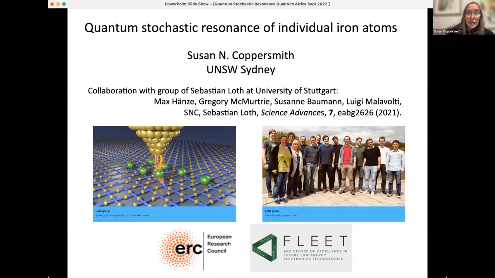I did want to say that I am going to show you experiments. They were all done in the group of Sebastian Loth, who is at the University of Stuttgart. These pictures are from Professor Loth's webpage. The one on the left is not an actual picture of an STM tip putting electrons through individual atoms, but that is what the experiment is, just an artist's rendition of what's going on.